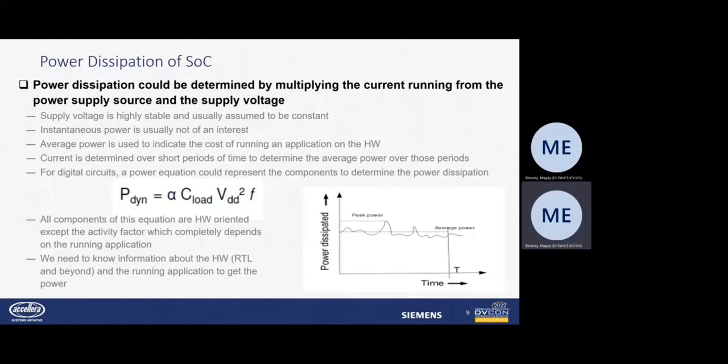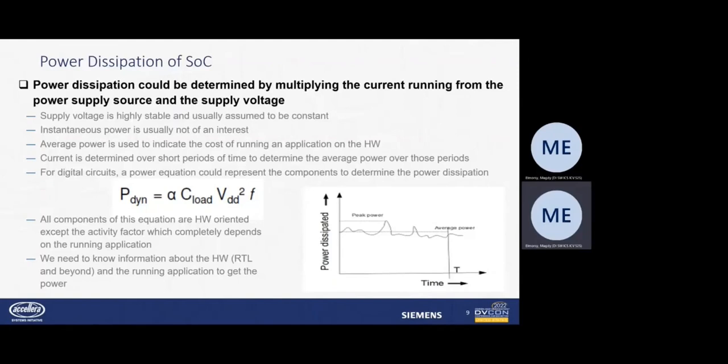The most interesting source of power dissipation in digital circuits is the dynamic power, because this is the main source and the part which we can control through either the hardware or the software. The challenge in determining dynamic power dissipation is that the equation is so simple, as we can see here.